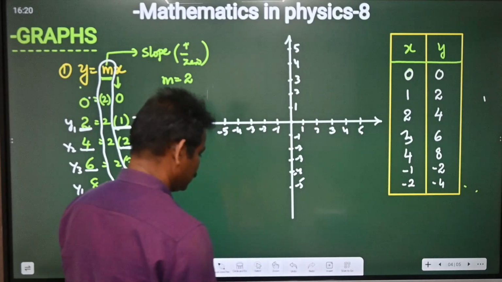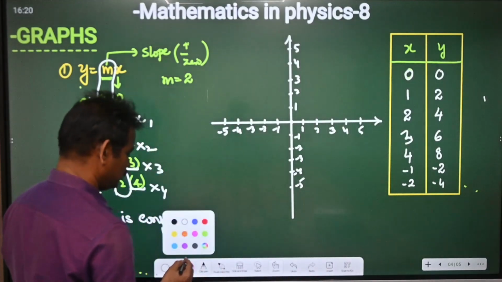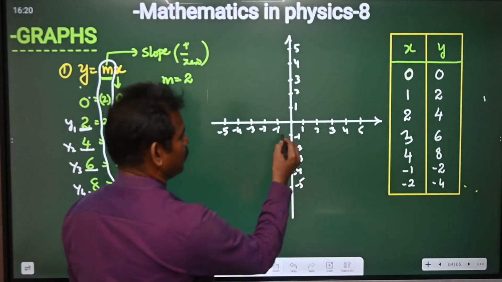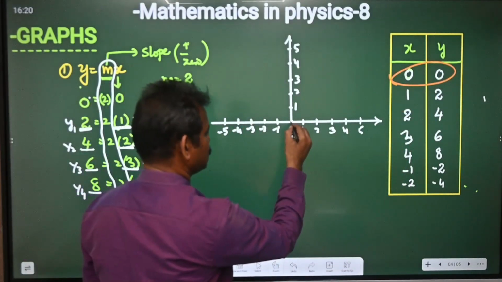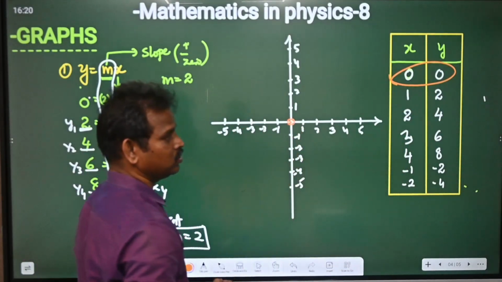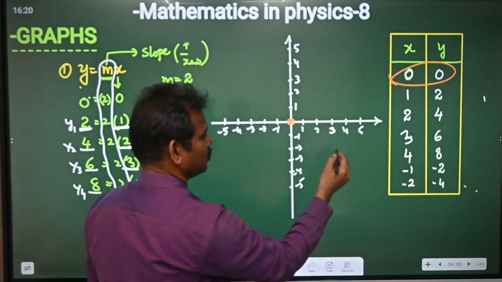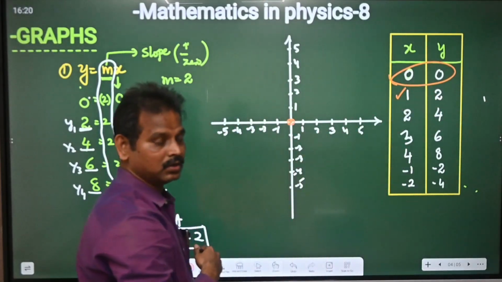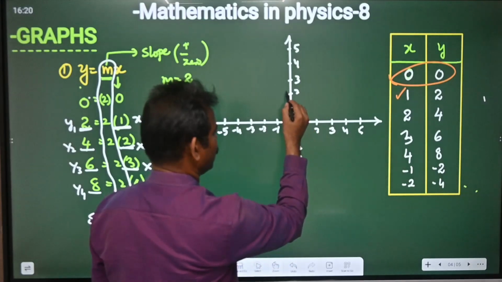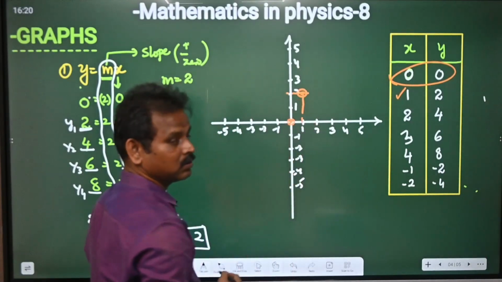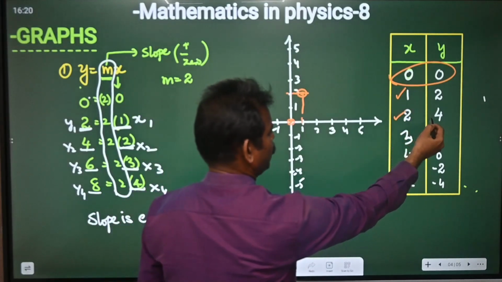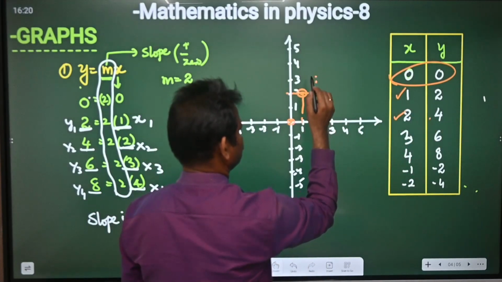Now to represent these values on the graph, we will take the first set. When x is equal to 0, y is also 0. This is the first point. Then when x is equal to 1, y is equal to 2. So this is the corresponding point. When x is equal to 2, y is equal to 4.